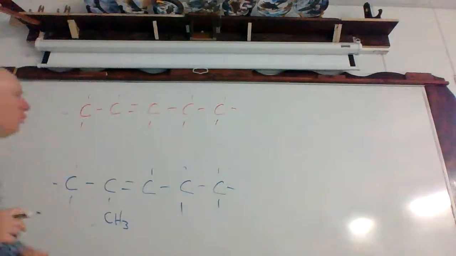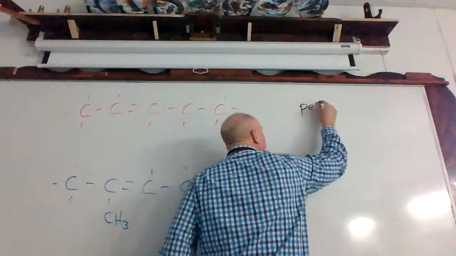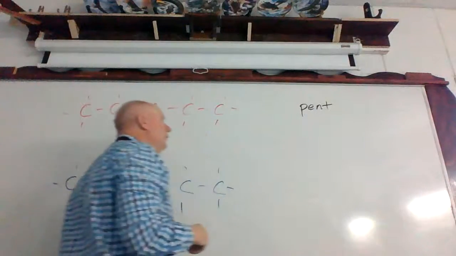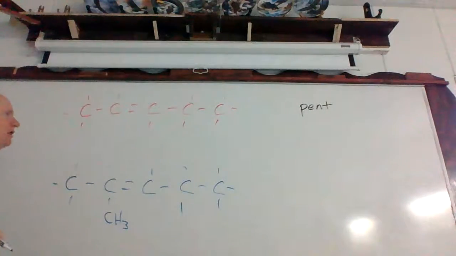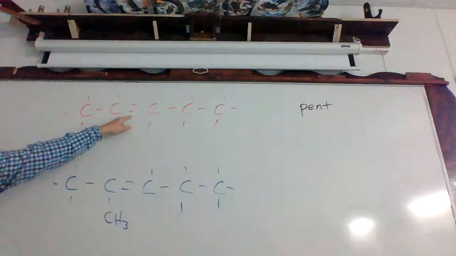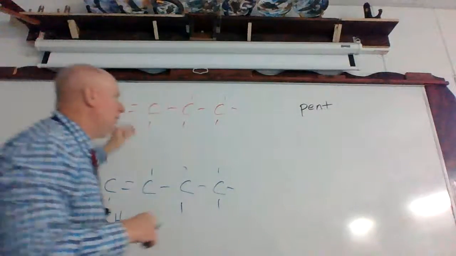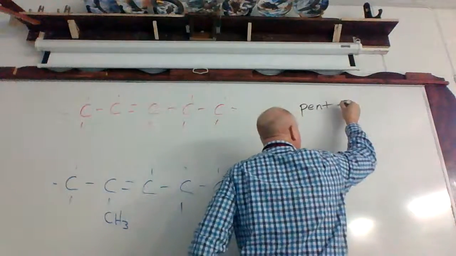Okay, so we know the prefix then is prop. We're not going to go any further. So there's our parent chain. This is our functional family, where we changed the suffix from ANE to ENE.